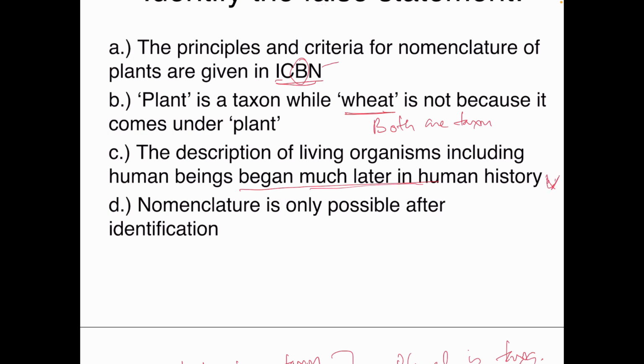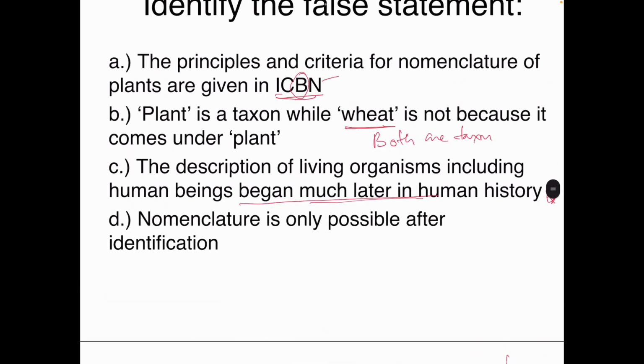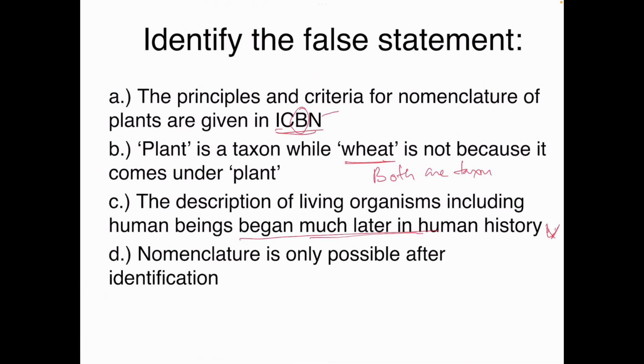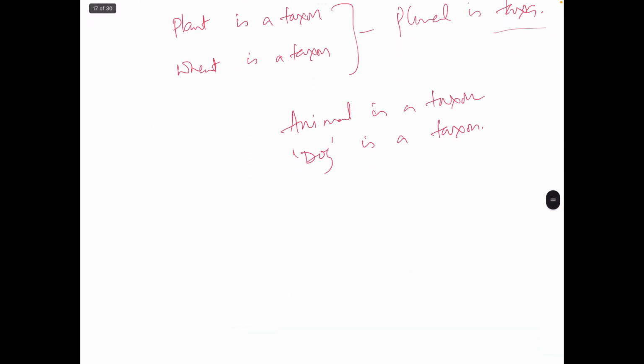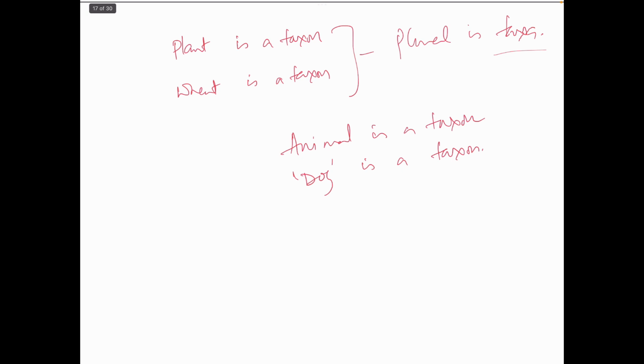Now looking at our option D, nomenclature is only possible after identification. This is of course a correct statement. If you are going to name something, you have to describe it. Like, let's suppose we are going to name an organism as dog. You can't go out into the environment and call any organism a dog. It should have a feature.